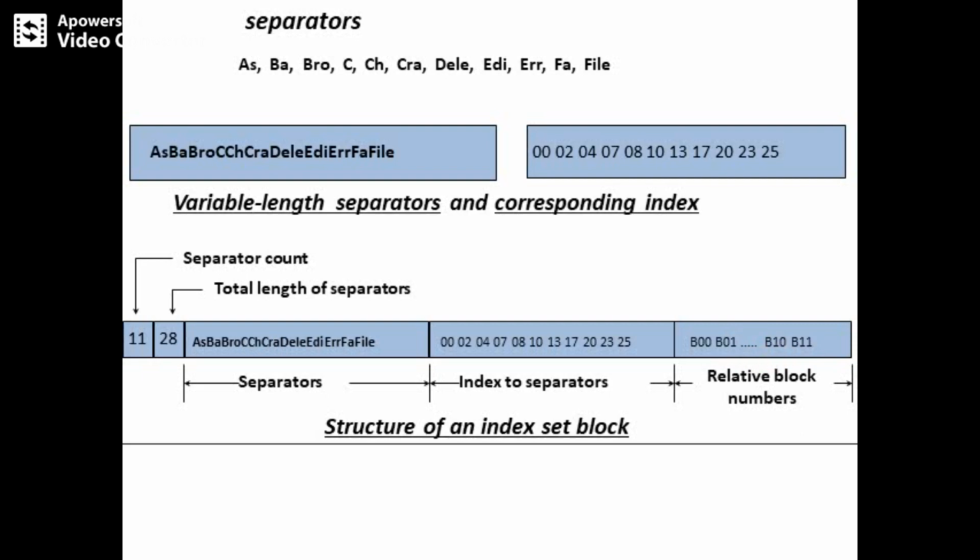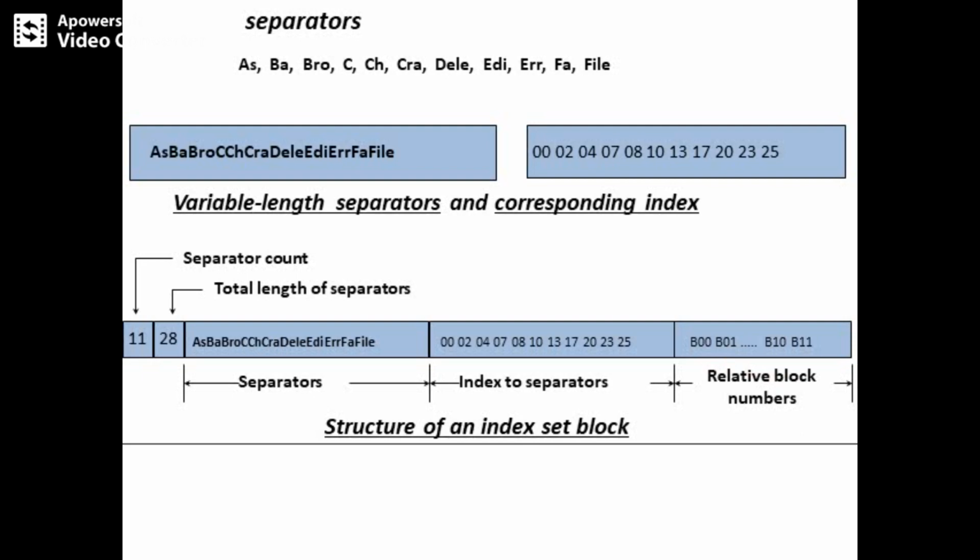We have blocks storing the records, and for each record or set of records we have a block. This is the relative block number, or RBN.